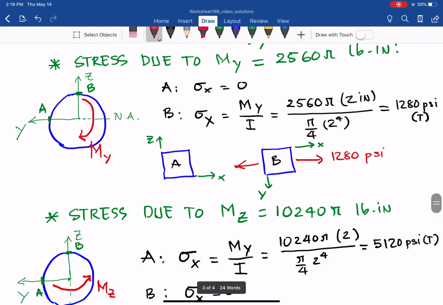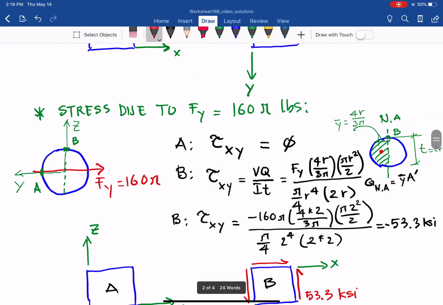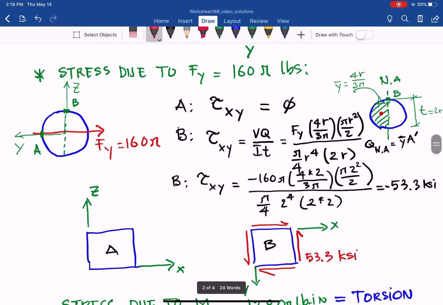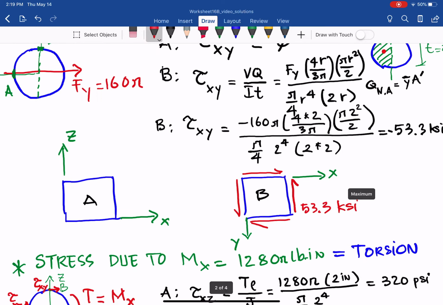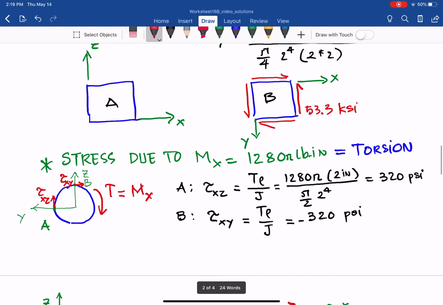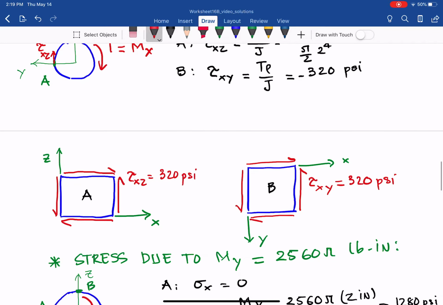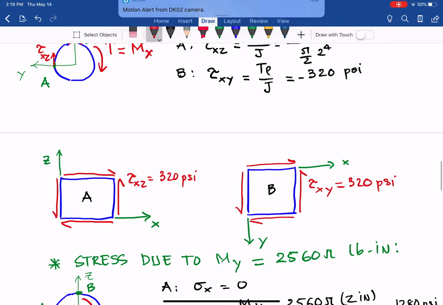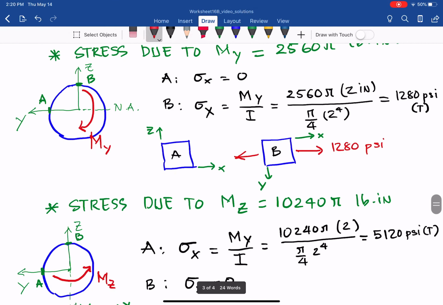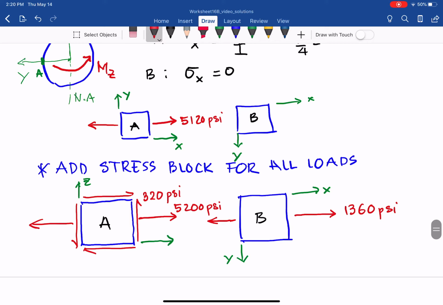Now tau xy for this one, nothing. Yes, and negative 53.3 psi. Tau xy in here, also negative 320 psi. Add them together, so it's negative.